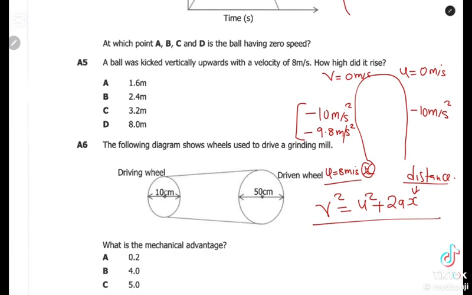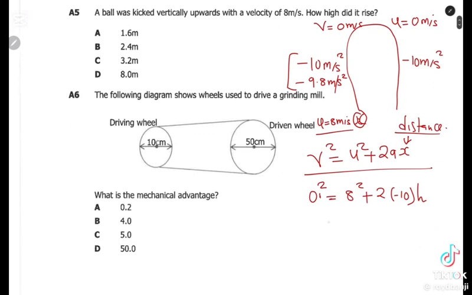We need the formula that has acceleration in it and velocity, that is the initial and the final. So the final velocity here is 0 meters per second. So 0 squared equals initial 8 squared plus acceleration here, which is -10, then of course height, h. So this is 0, this is 64, then this is going to be negative 20h. We bring 64 to the other side: negative 64 equals negative 20h.